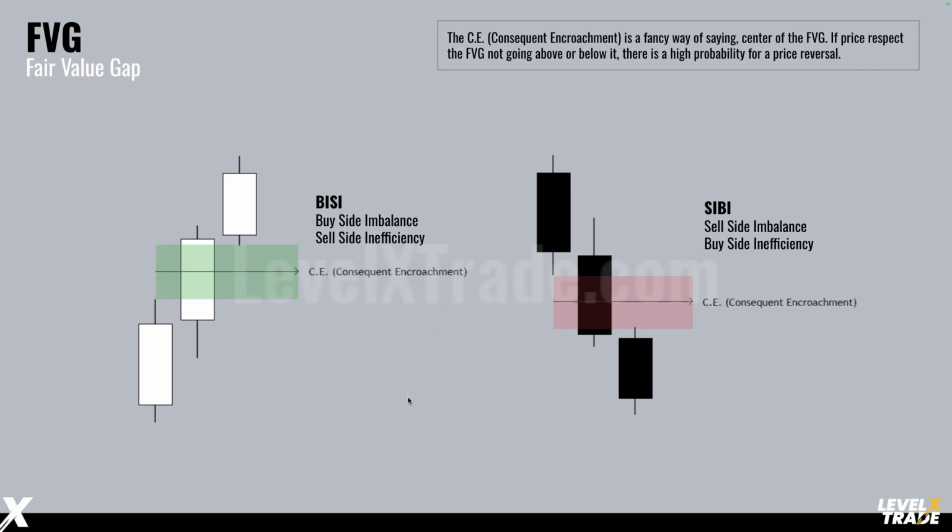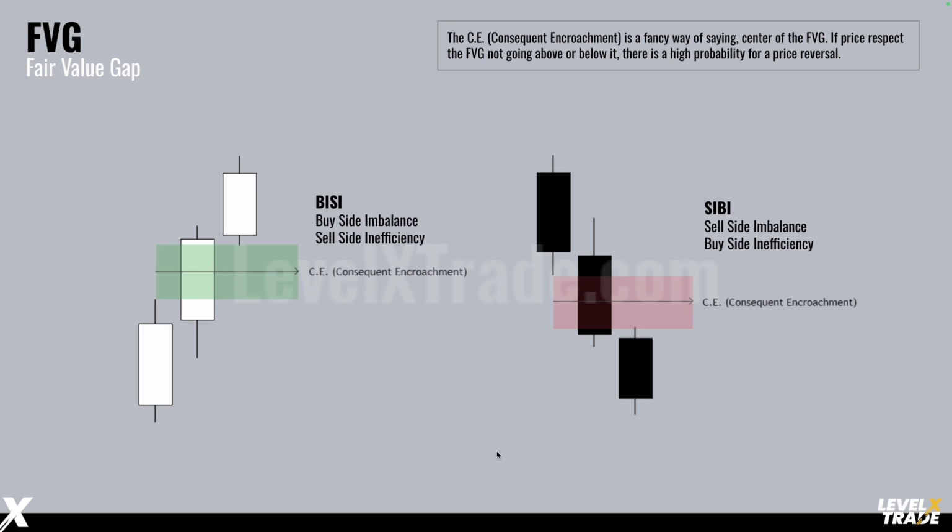It's one of the ICT's concepts that I like to use, very effective, and just for formality, we give him credit, but it's also called consequent encroachment, or just the 50% of the fair value gap. This is a very sensitive area.